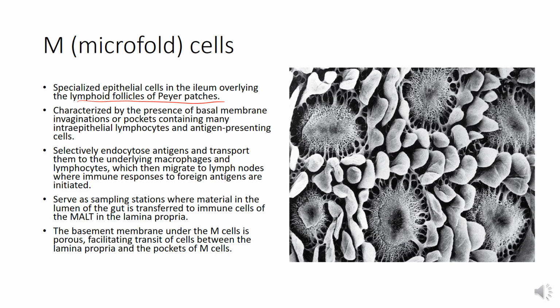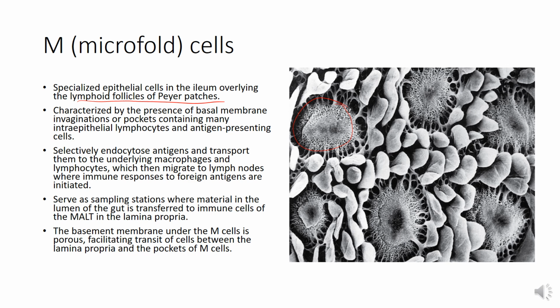These recesses are occupied by the dendritic cells and the lymphocytes. So here you can see that these cells appear flat and dome shaped. The apical part is dome shaped.